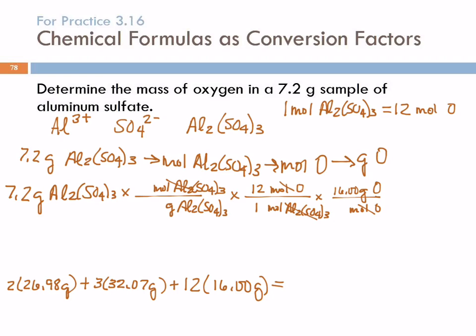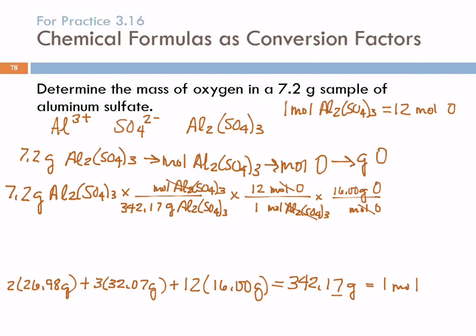Two times 26.98 plus 3 times 32.07 plus 12 times 16 equals 342.17 grams equals 1 mole. Okay, so now I've got 342.17 in there.